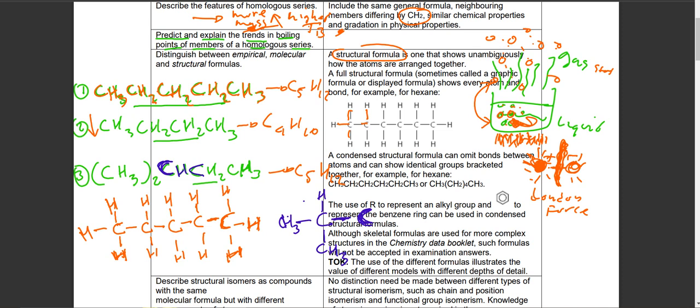And then again, draw four arms like that. And then you have two hydrogen like that. So okay, this is two hydrogen, and then the remaining will be to the next carbon. Okay, and then again draw four arms again, and then you have three hydrogen. So hydrogen, hydrogen, and hydrogen.